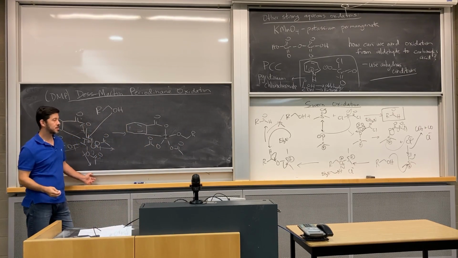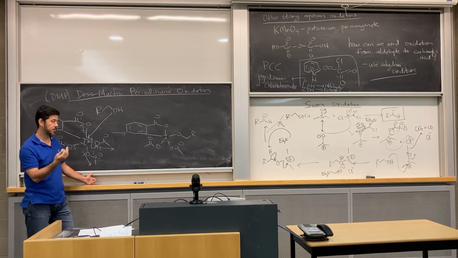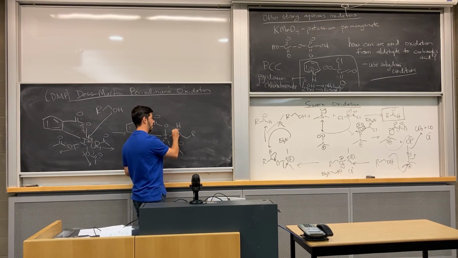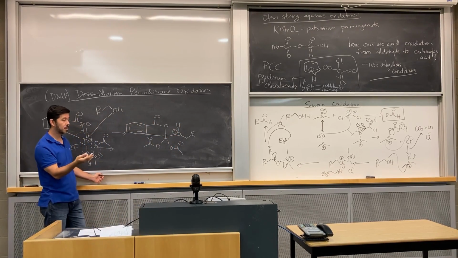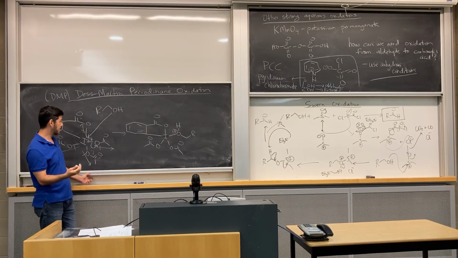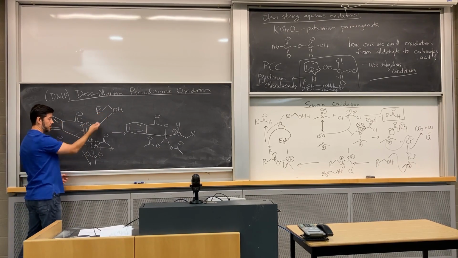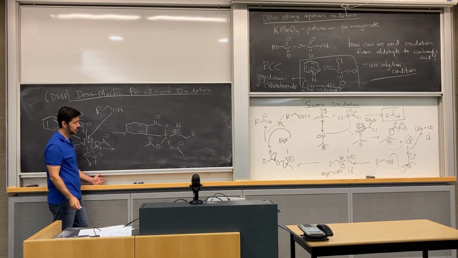So we've basically done a swap of the alcohol with one of the acetate groups. We have a positive oxygen because that proton still remains there. What's going to be the base that removes it? The base that removes it is the acetate now in solution.